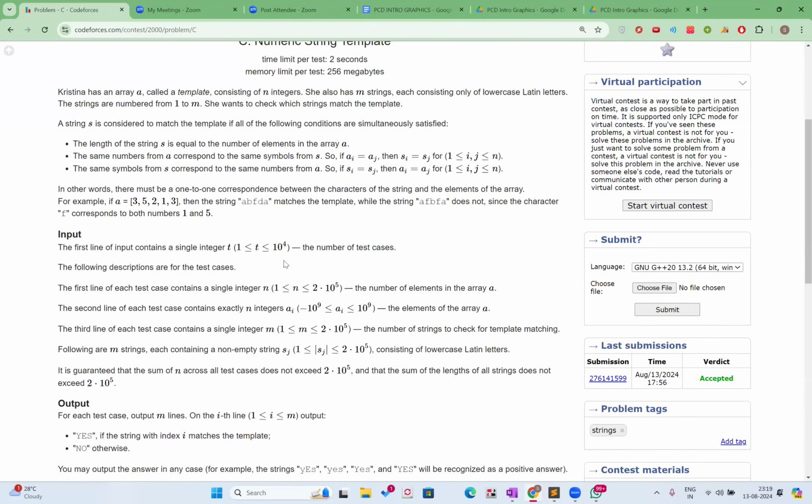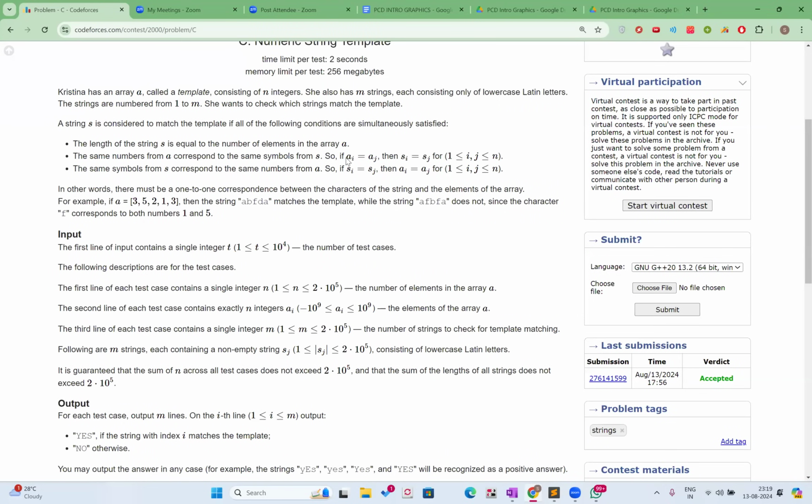Okay, fine. So for a string to match the template, its length should be the same as the array length of A, and the same numbers from A correspond to the same symbols from s. So basically, we have to see this condition.